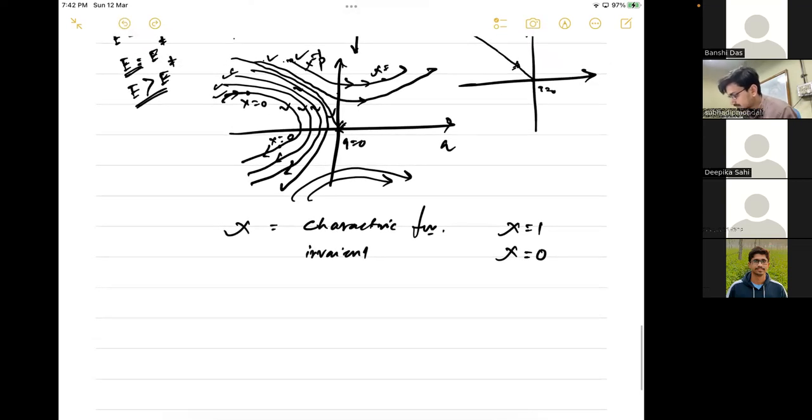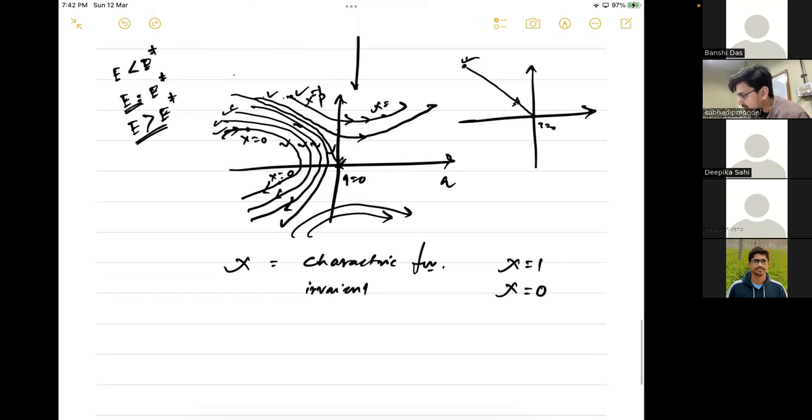Is there any particular reason why the trajectories for which chi goes to 1, which are crossing, are diverging like that? No, it's because of the barrier.